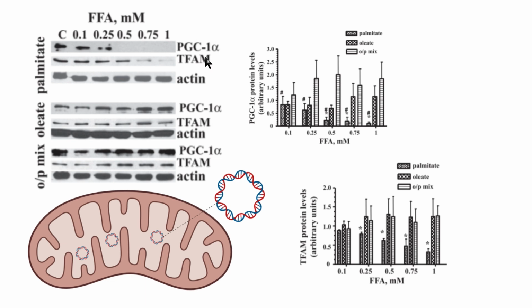So these are transcription factors. Let's not get into the weeds about transcription factors, but the point is that these two are related to mitochondria, specifically to the DNA of mitochondria. So the more of these that you have, typically the greater the biogenesis of mitochondria.